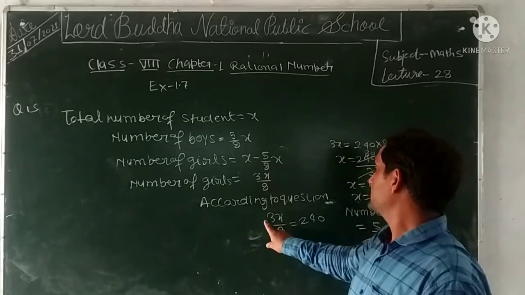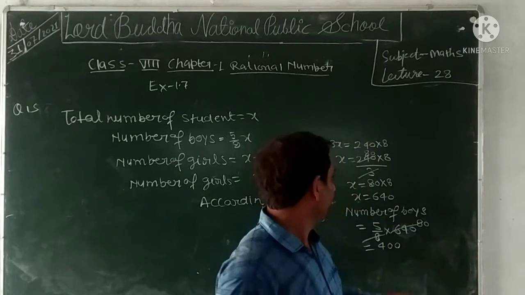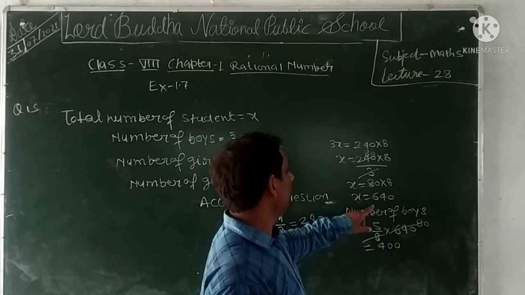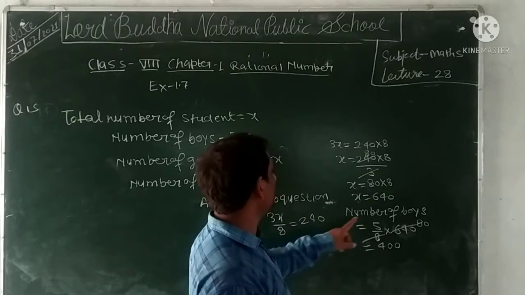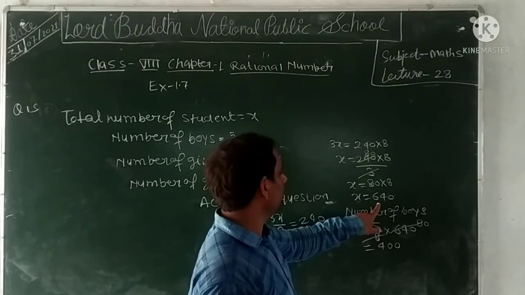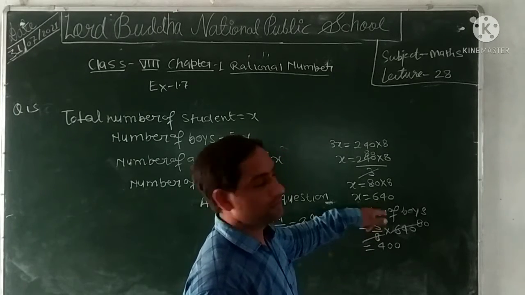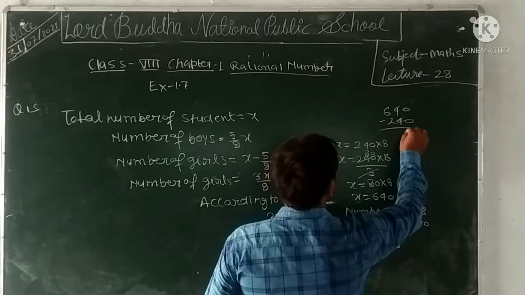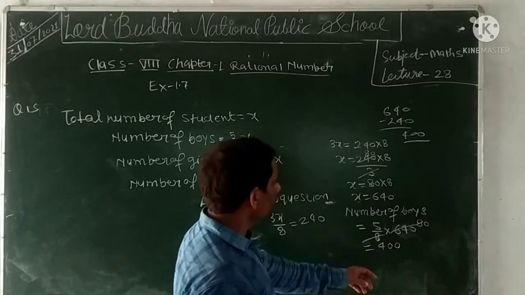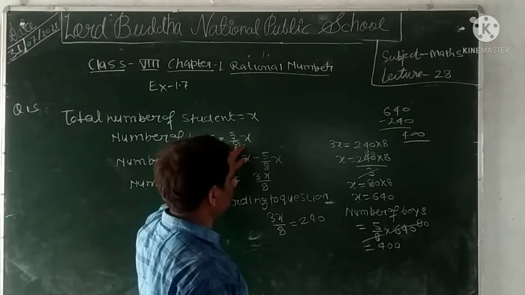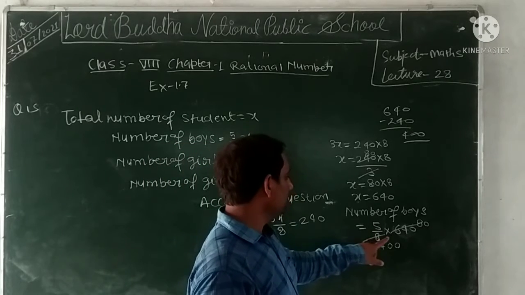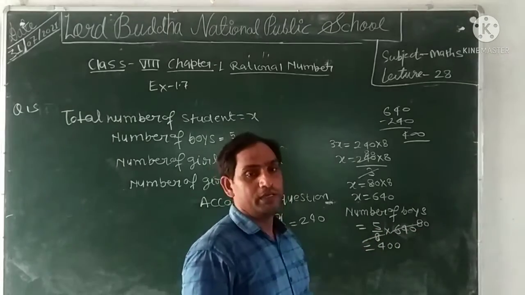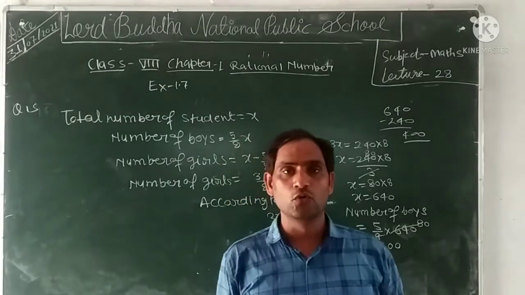Hence we compare 3x upon 8 equal to 240. Now we find the total number of students, 640. If we subtract the number of girls from the total number of students, we get the number of boys: 640 minus 240 equal to 400. Or we take 5 upon 8 of total students as we did here, 5 upon 8 into 640, which is 400.